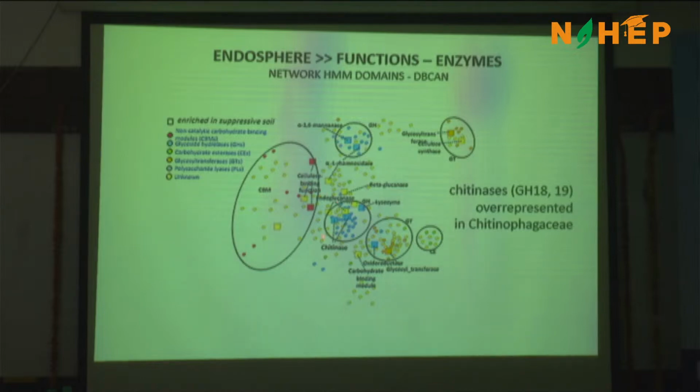As you can see, many chitinases were significantly more abundant in the disease suppressive condition. When we look at the functional annotation of those chitinases, they were belonging mainly to the Chitinophagaceae family.